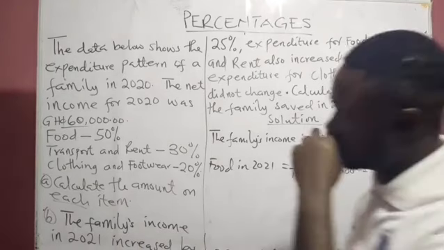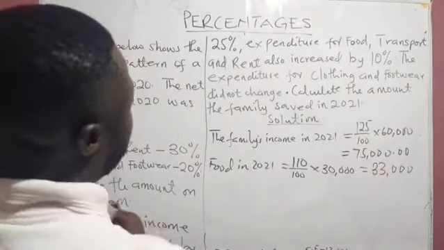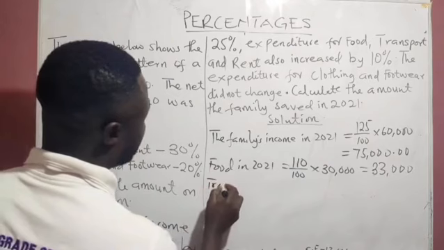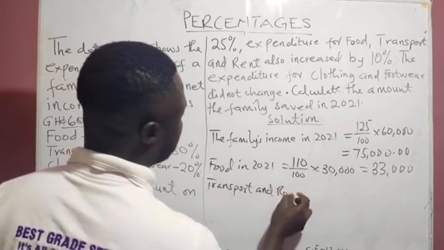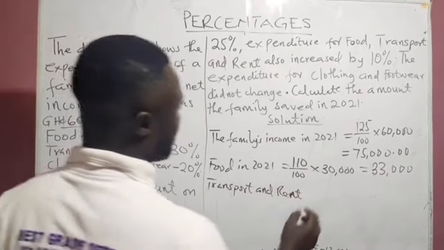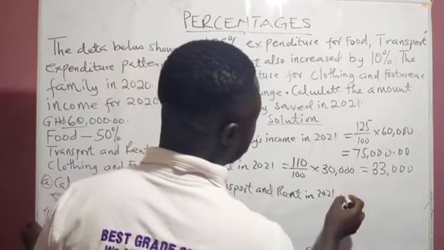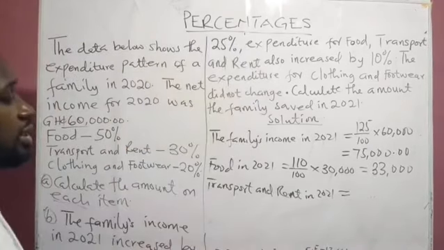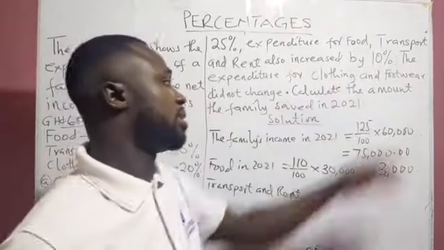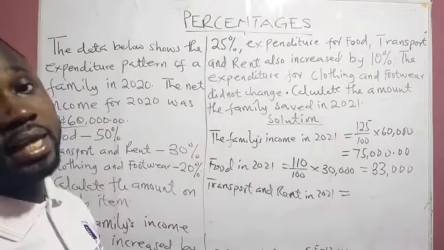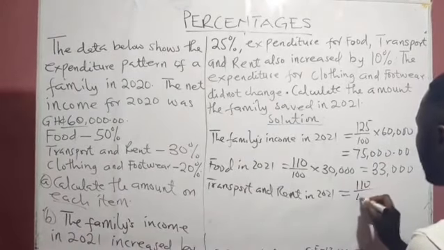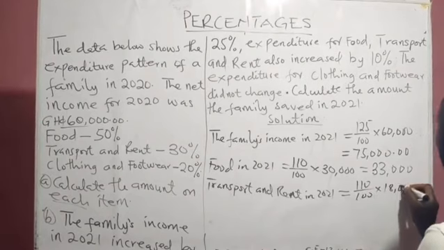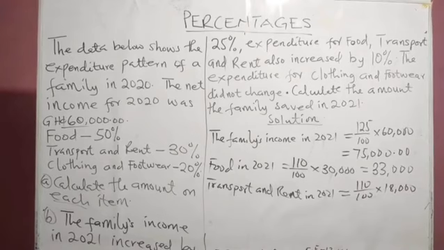Now let's look at transport and rent in 2021. Transport and rent also increased by 10%. What was transport and rent? 18,000. So that is 110 over 100 times 18,000, because the 18,000 is the initial amount, the 100%.